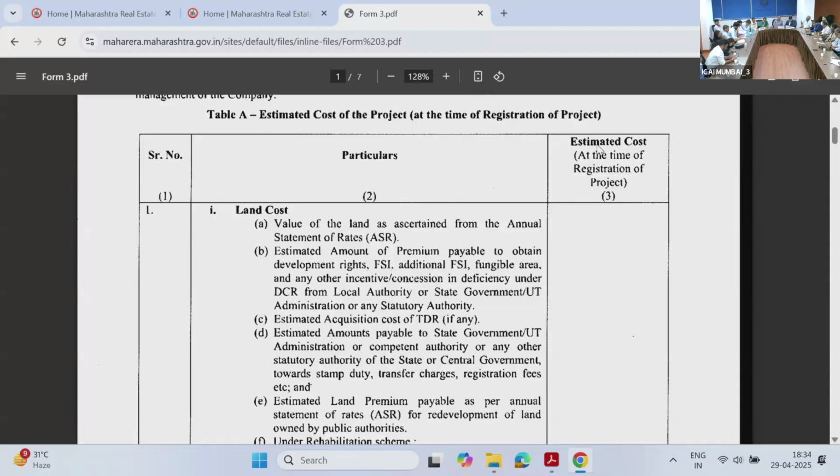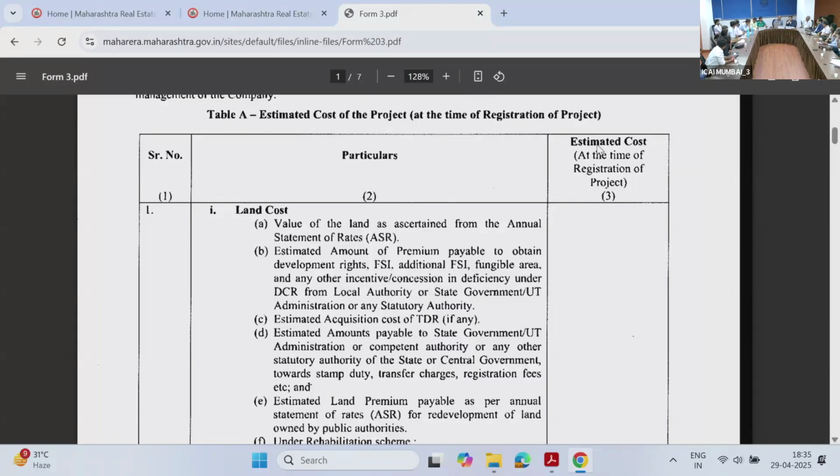And why we are discussing this, as sir rightly said, we are not here to see the formats, we are here to discuss the key areas, and this is a key area, and there is a wide difference between ASR value and actual cost. So how do we bridge the forms as well as the act and rules, right sir? Absolutely. One thing which he said is very correct.